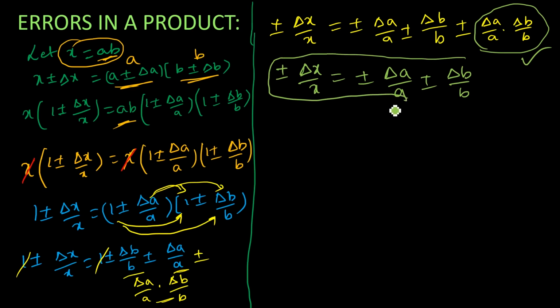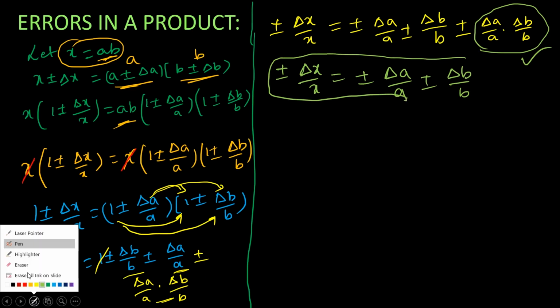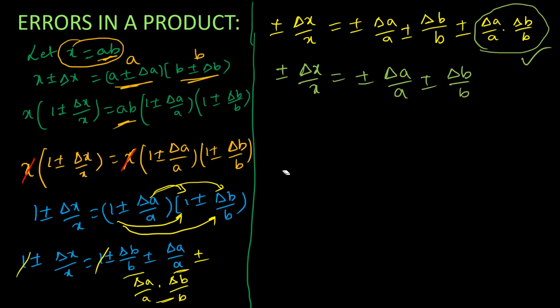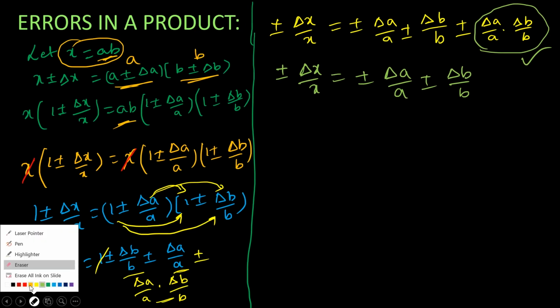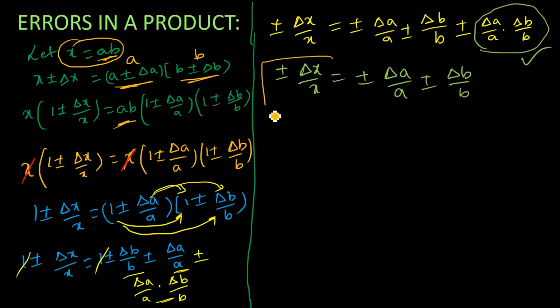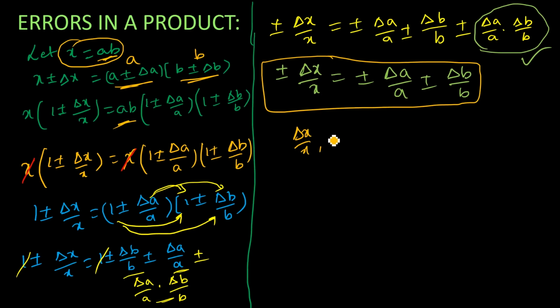Now you got the answer, very nice and clear. Now the possible values of delta x by x: we will see what those are. Delta a by a plus delta b by b, that is one positive value.